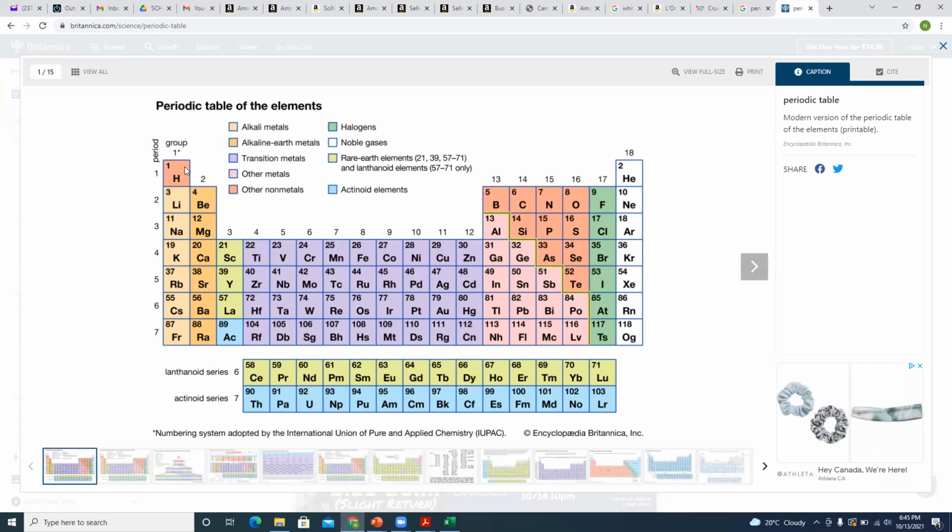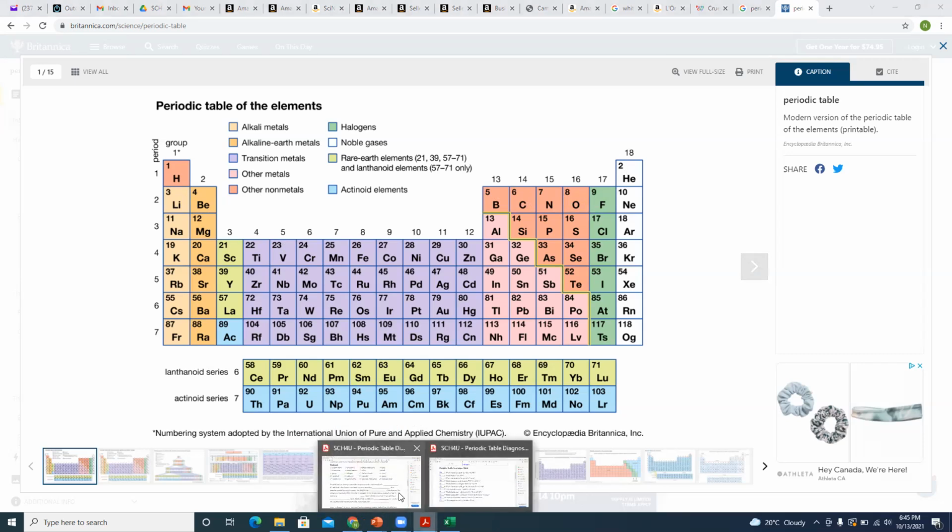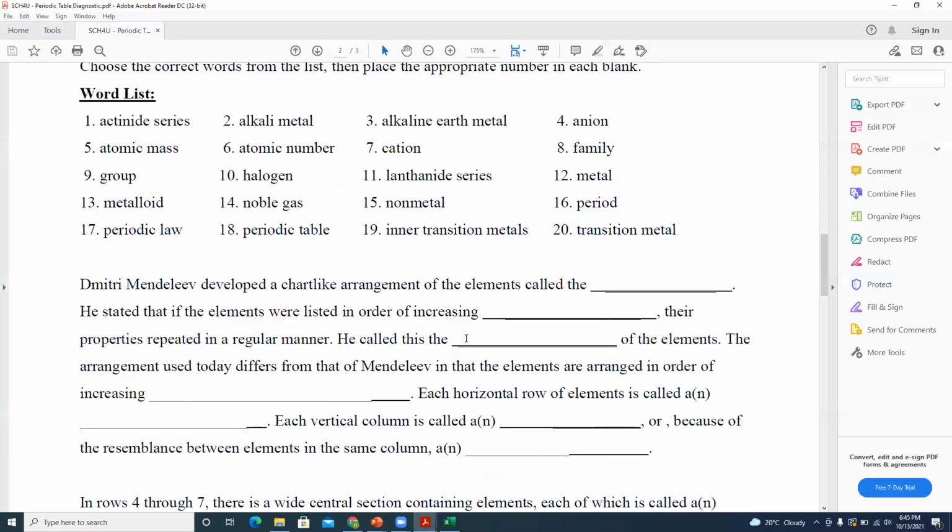The number of protons: 1, 2, 3, 4, 5, 6, 7, 8, 9, 10, and so on. So here, listed in the order of increasing atomic number, their properties repeated in a regular manner. And he called this the periodic law of the elements.